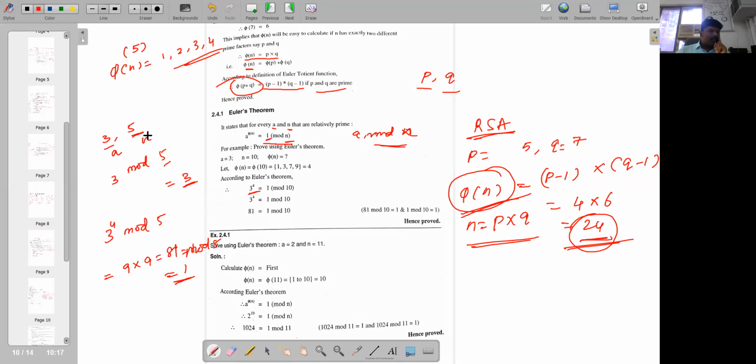If I take n as 5, what is the phi of n value? It is 4, that is 1, 2, 3, 4, the four relatively prime numbers for n equal to 5. So 3 power 4 mod 5: 3 power 4 is 81, and 81 mod 5 gives remainder 1. So it is equal to 1 mod n, which is 1.